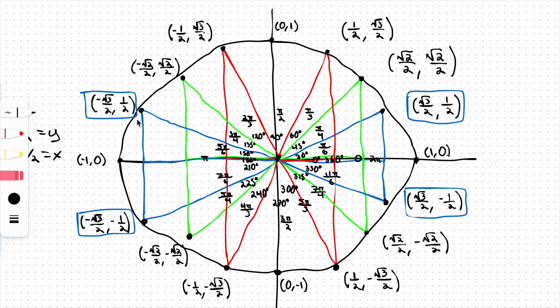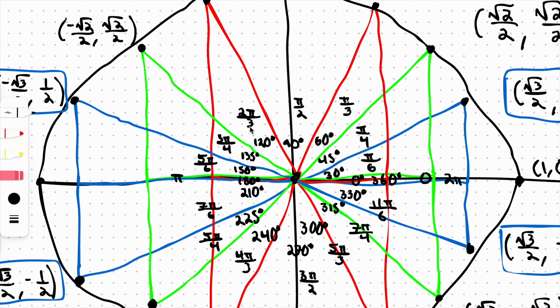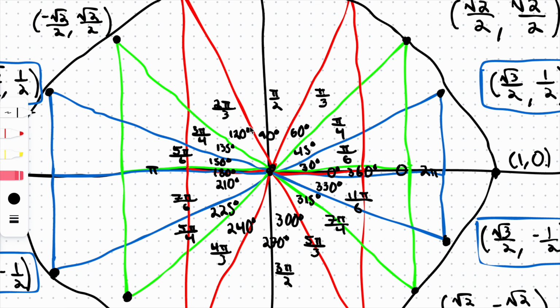I'm sorry, this just keeps on going because there's a lot of memorization to this. I've seen a bunch of different strategies for memorizing the radians and the degrees. All of these have pi, obviously.